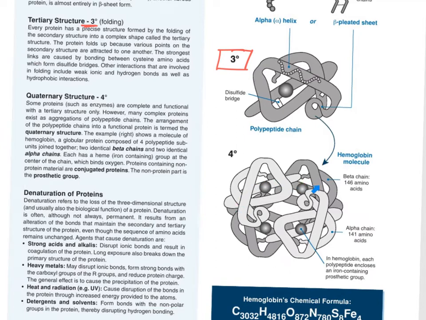Everyone in here, unless you have sickle cell disease, has 4 chains, 2 alphas and 2 betas. 146 amino acids long for the beta, 141 amino acids long for the alphas. 2 different genes coding for 2 different polypeptides.